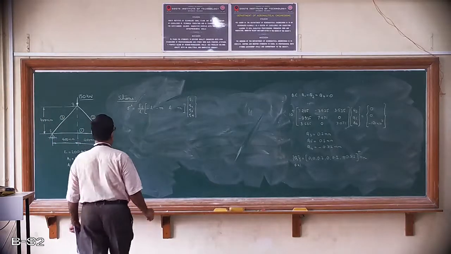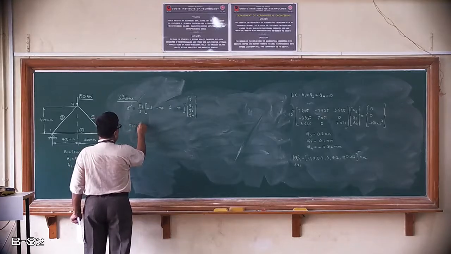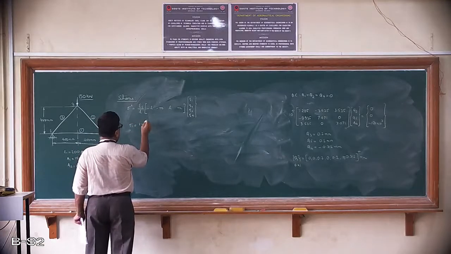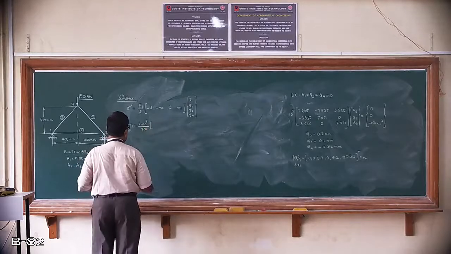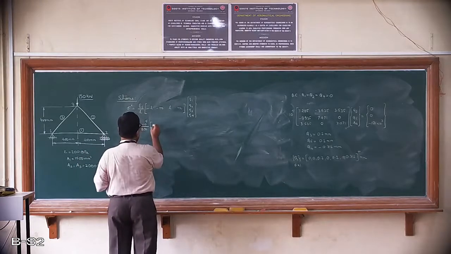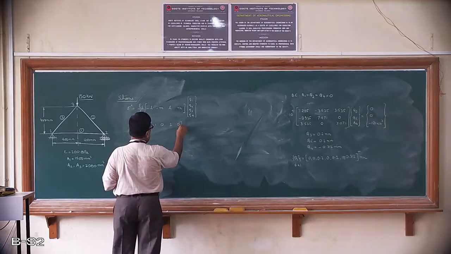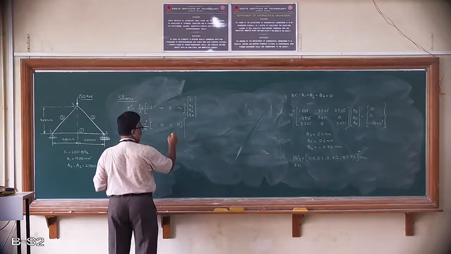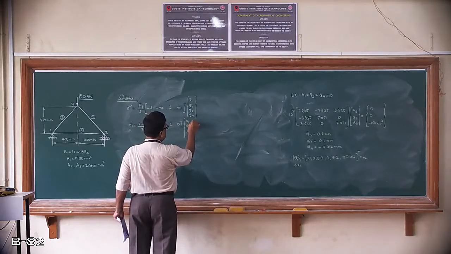For example, if I want to find sigma 1, what is this? 2 into 10 raised to 5 is going to be this, and the length is going to be 800. L is going to be 1, so therefore it is minus 1, and the other one is 0, then 1 and 0 here. Yes, here you know that it is going to be Q1, Q2, Q3, Q4, because the element connectivity says like that.